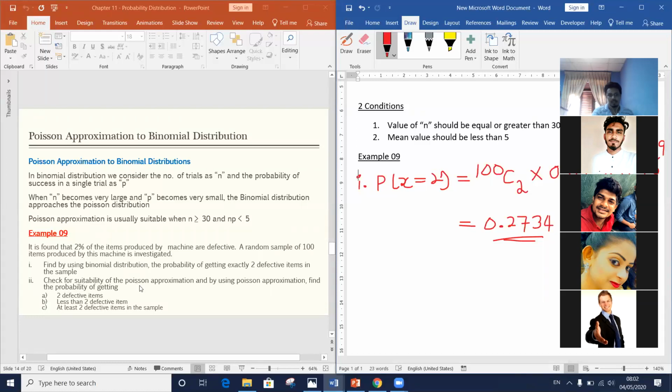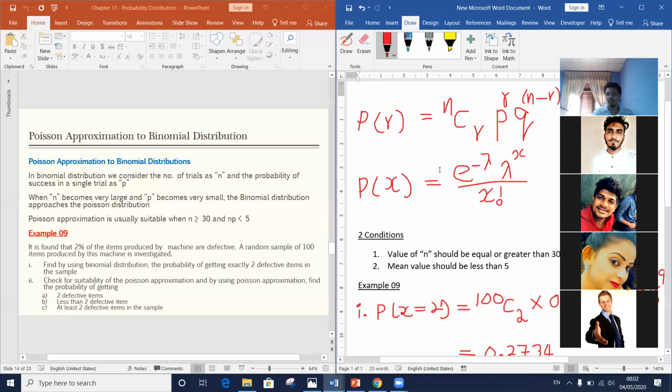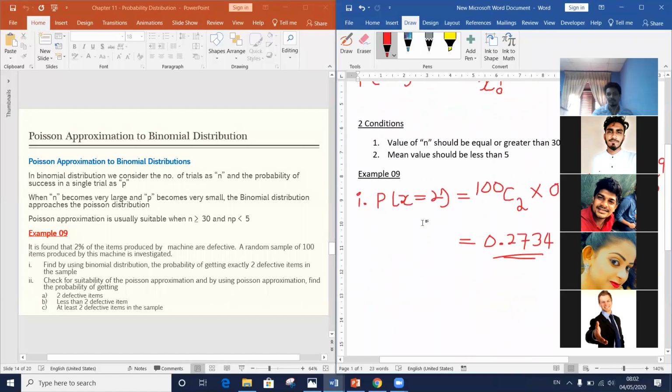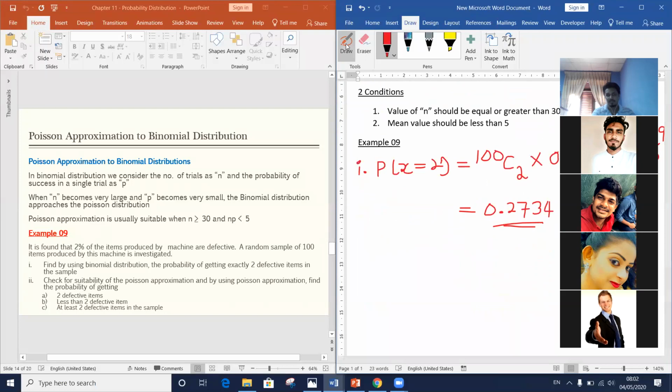Then part 2. What does it say? Check for suitability of the Poisson approximation. We calculated this using the binomial probability distribution formula, and now we are asked to check whether the same thing can be calculated using the Poisson formula as well. So how can we decide?